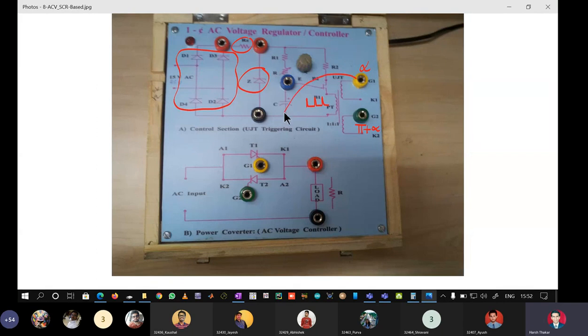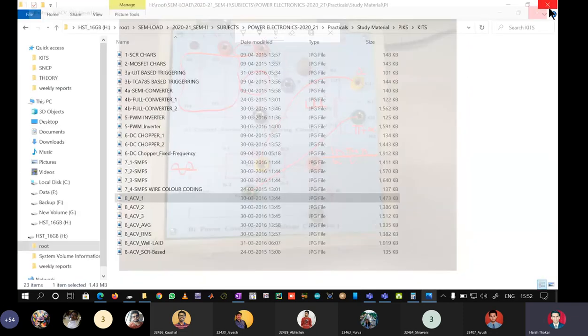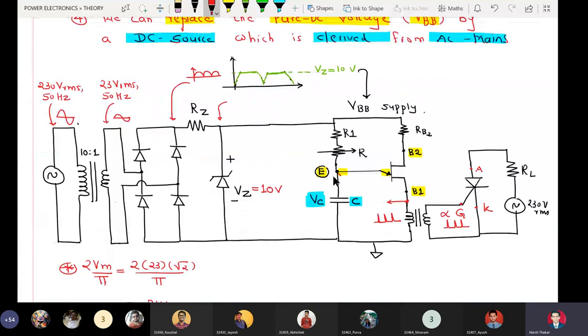So I connect one wire like this, another wire I connect here, and from here what I get is alpha and pi plus alpha. Okay, some of the students have performed simulation of the AC voltage controller, so you can appreciate this more. Okay, this is how it is.